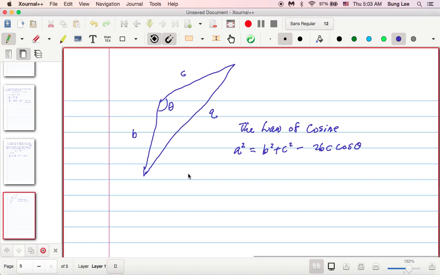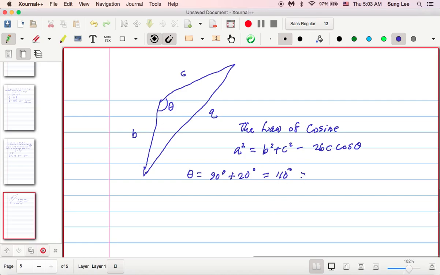And as I mentioned, in our problem theta equals 90 degrees plus 20 degrees, which is 110 degrees.